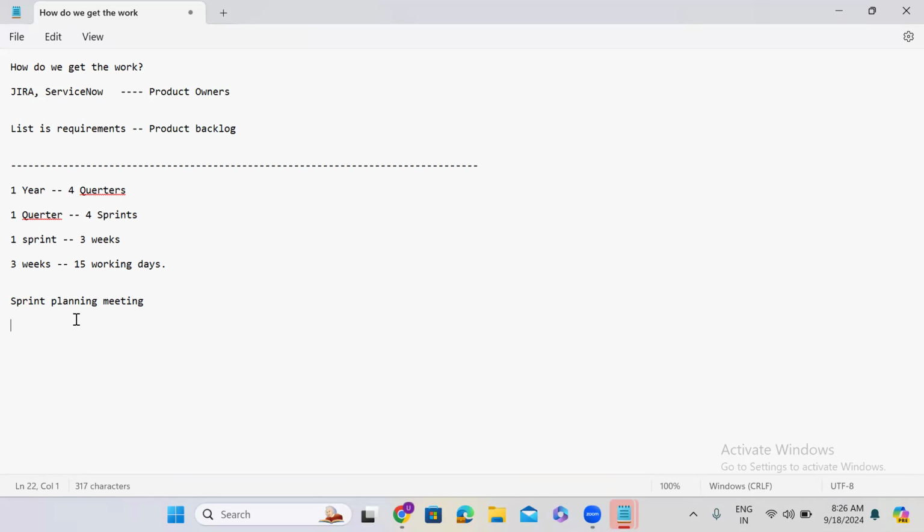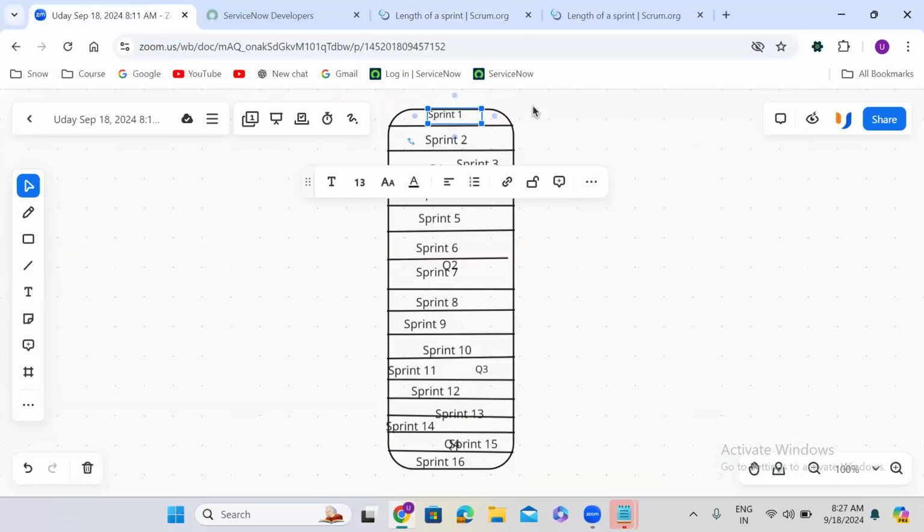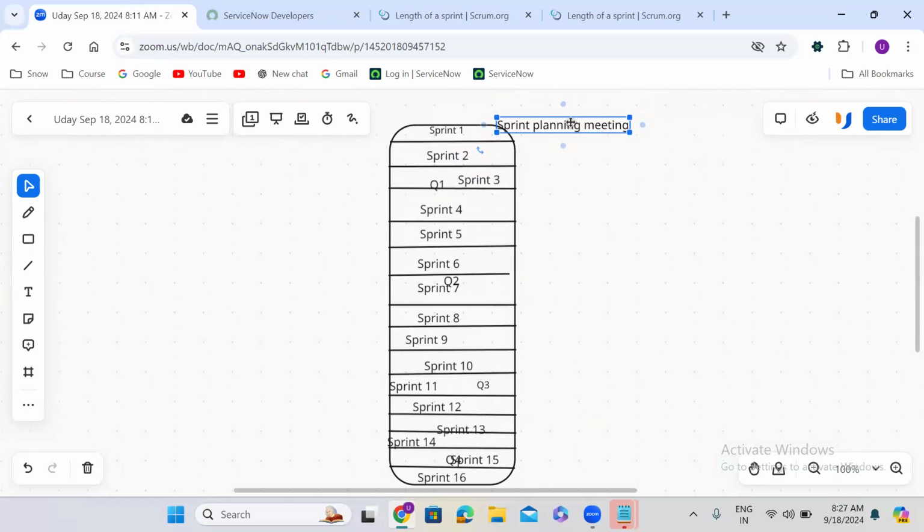Before each sprint, there will be a sprint planning meeting.